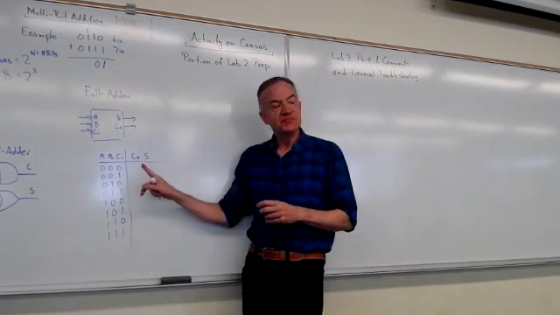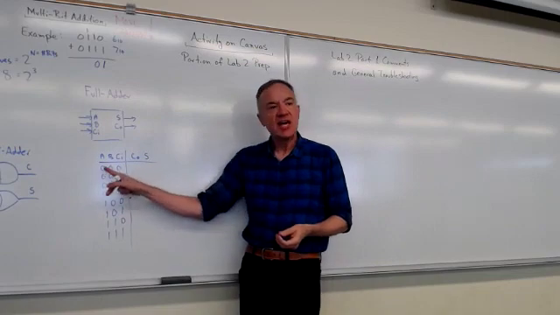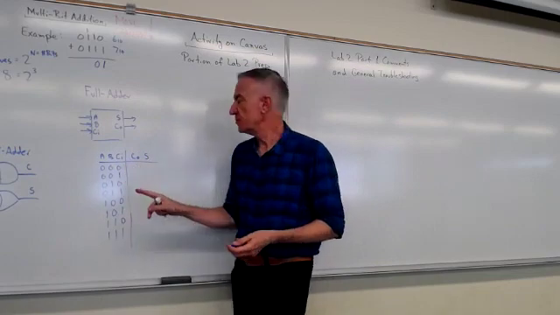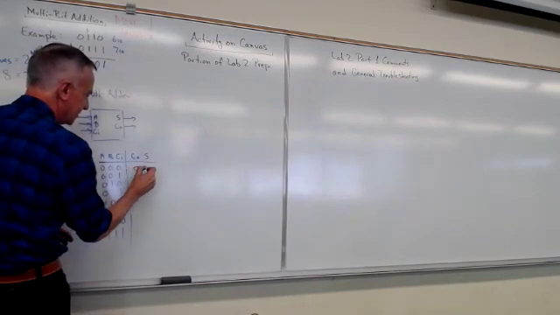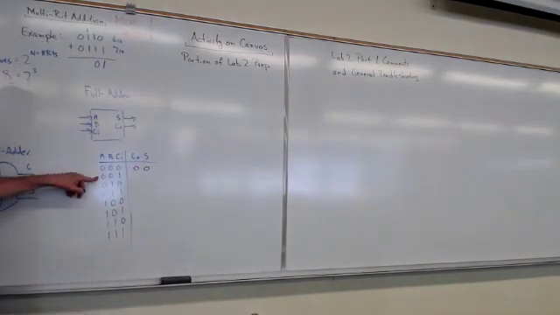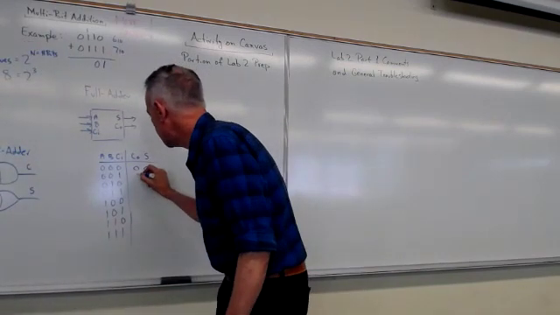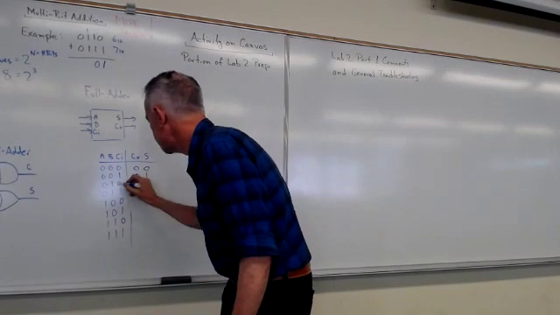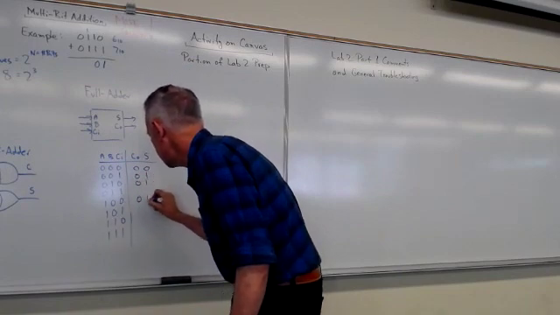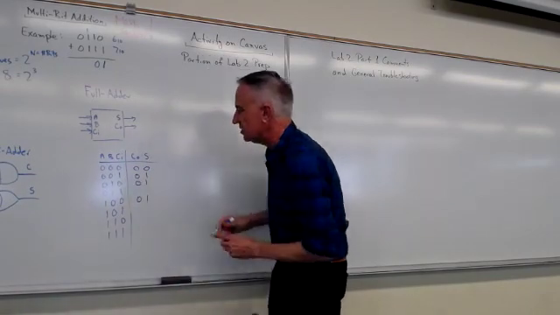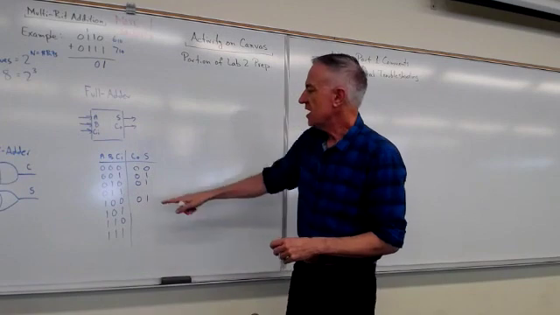All right, so now to get the output of the full adder, we just add these individual bits here. If all the bits are 0, your result is going to be 0. If you have one bit equal to 1, the result is going to be a 1, so we'll have a 1 here, a 1 here, a 1 here, because those are all the inputs with just one of the 3 inputs equal to 1.